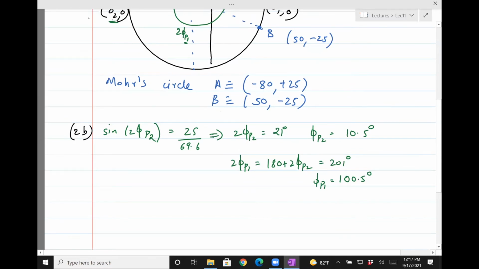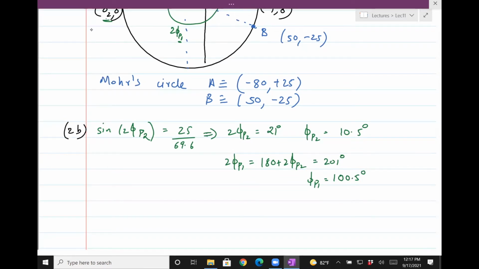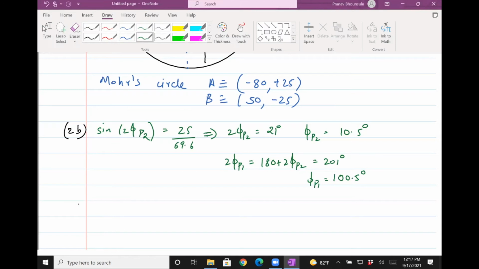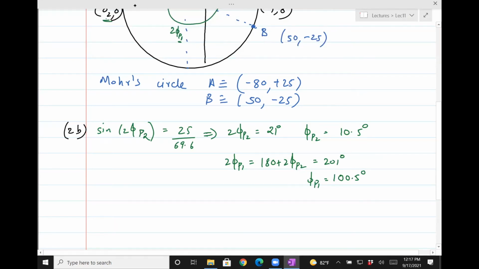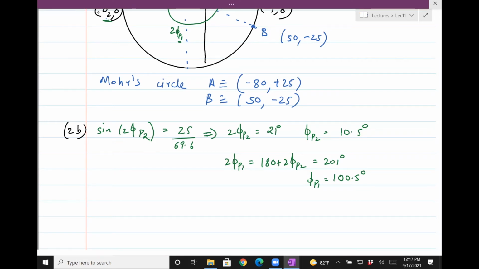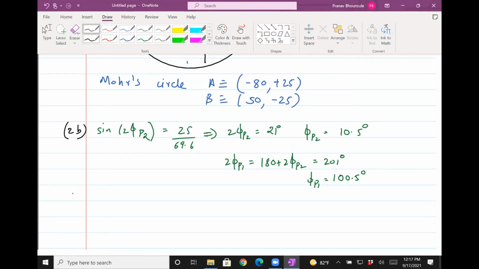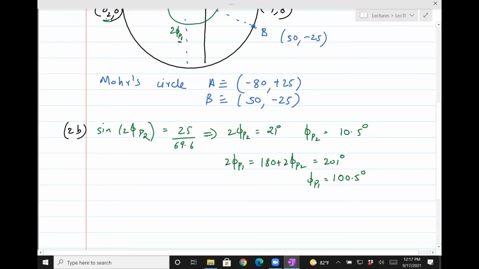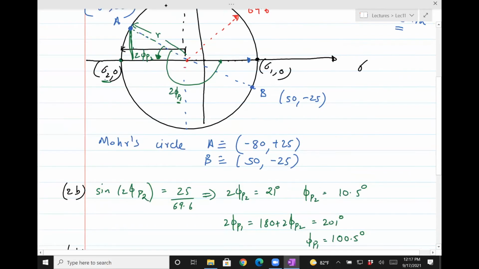Okay, and then finally we need to find part 3b, which is the angle made by the maximum shear stress. I'll draw the angle in the figure, then it's easy to compute that.